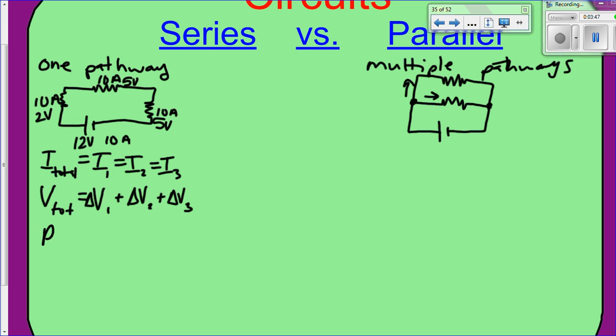Finally, how do you calculate your total resistance? Your total resistance is just going to be the individual resistors added up together. So the resistance of resistor 1 plus the resistance of resistor 2 plus the resistance of resistor 3 all have to be the total. So let's say, for example, the total resistance in this entire circuit was 15 ohms.